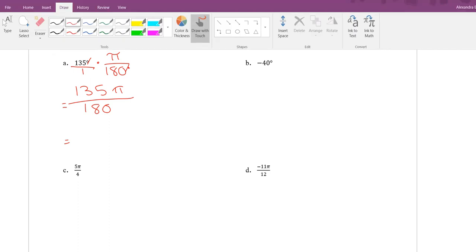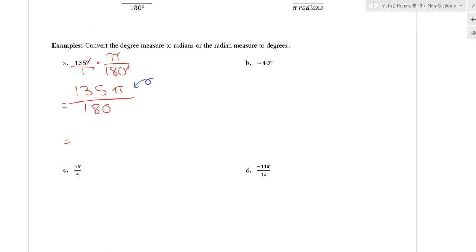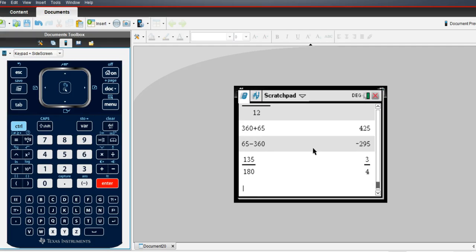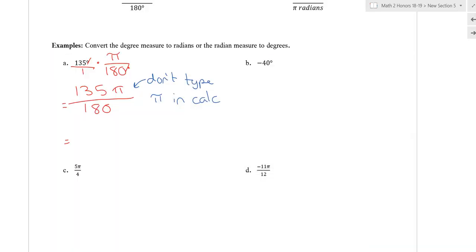When you type this into your calculator, don't type the pi in. Okay, I still want pi in my answer. I want an exact answer. So when I type this in, I'm going to type just the fraction, 135 over 180, to simplify it. And we get 3 over 4. So that changes to 3 pi over 4.